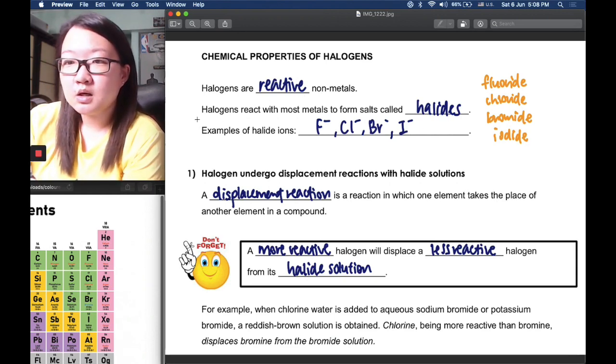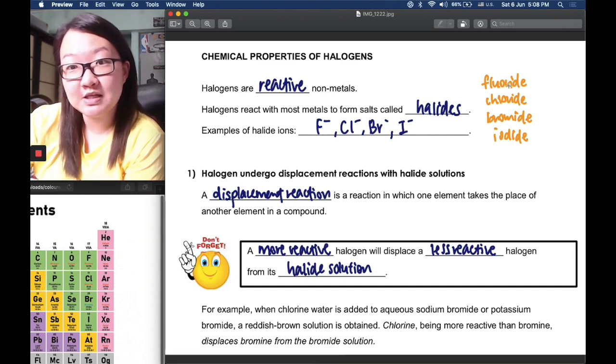Halogens will react with most metals to form salts, and these salts have a special name. They are called the halides. This will help you understand why the naming is as such. If the halogen reacting with the metal is fluorine, it will form a fluoride. If it's chlorine, it will form a chloride, then bromide, iodide, and so on.